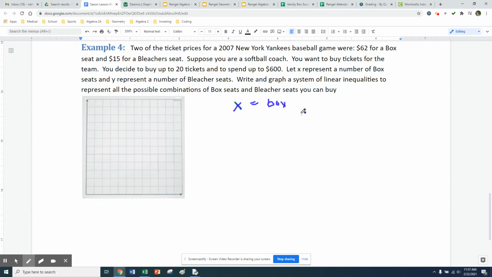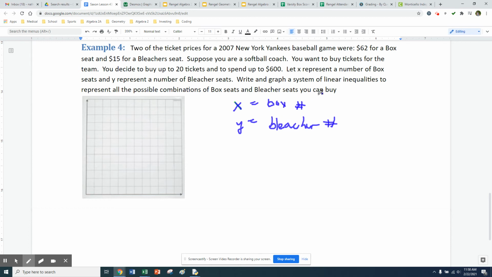And Y is going to represent the number of bleachers. I'm just going to use the number sign or hashtag, and then Y is going to equal the bleacher.